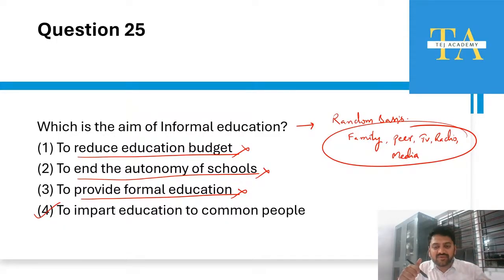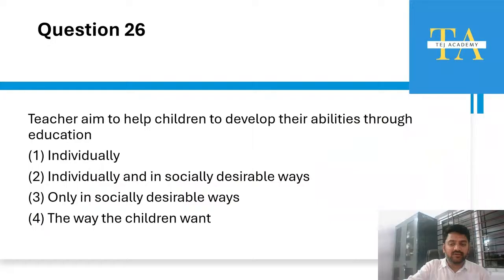The purpose of informal education is not to dilute the school system. There may be certain students who are unable to access the regular schools. For them also, to include them in the educated community, informal education is started. Next, question number 26.